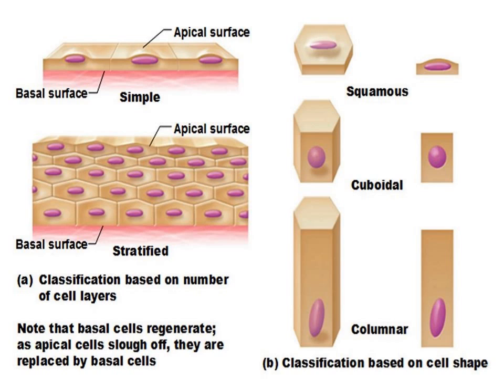Stratified means layered. So if squamous cells are arranged in layers, it is called stratified squamous epithelium. And if cuboidal cells are arranged in different layers, then we call it stratified cuboidal epithelium.